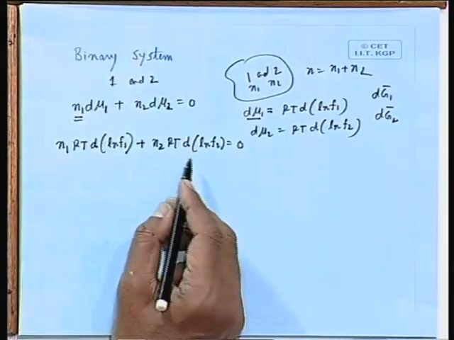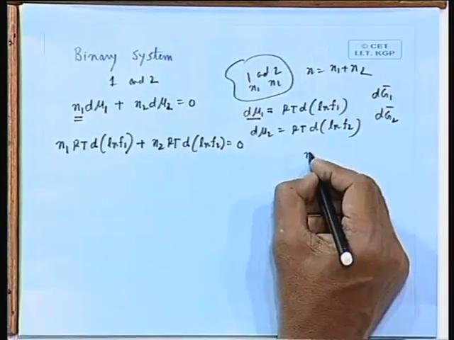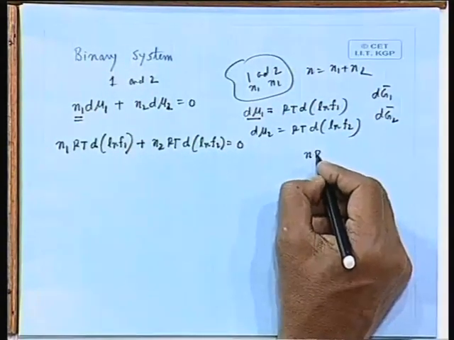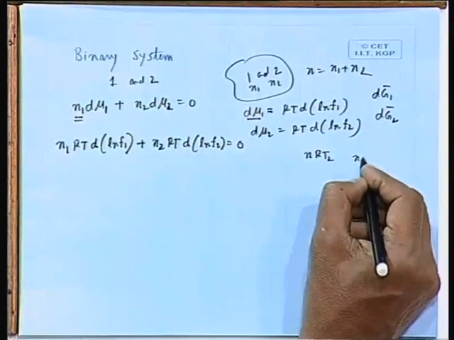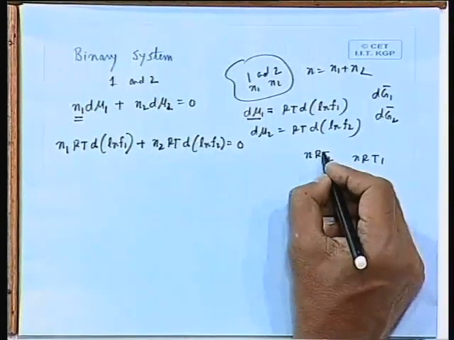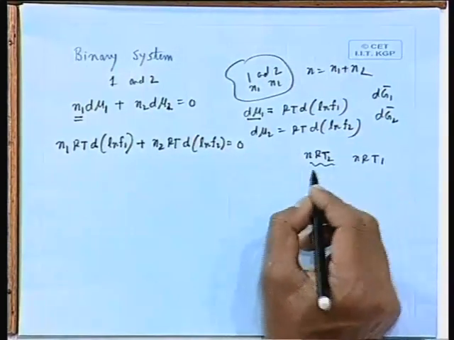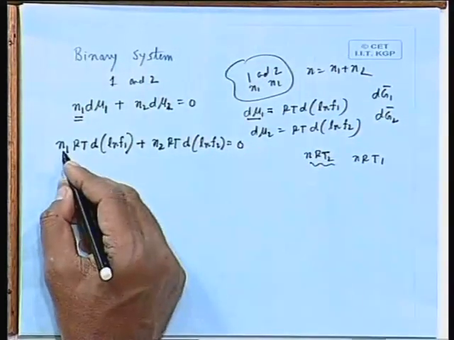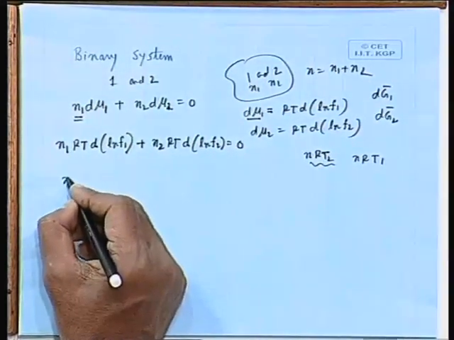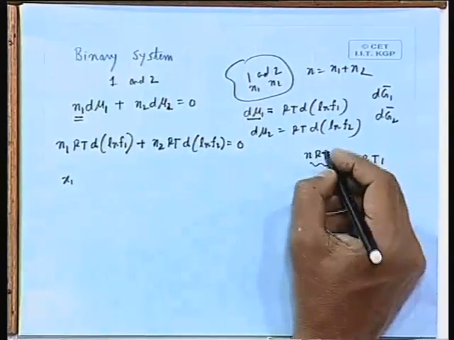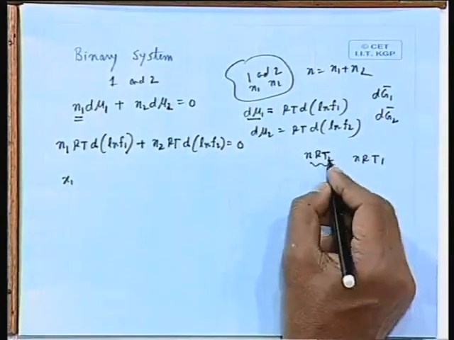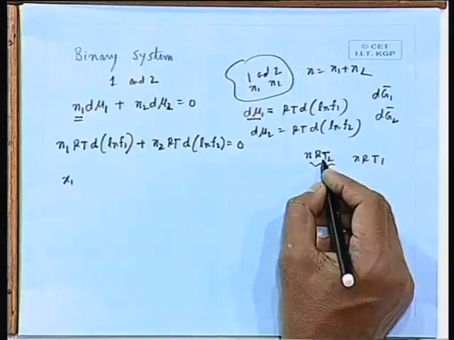Now we can divide both sides by either nRT dx1 or nRT dx2. The results will be the same.